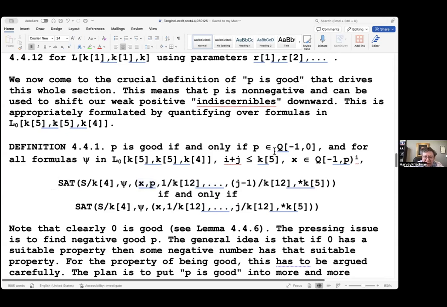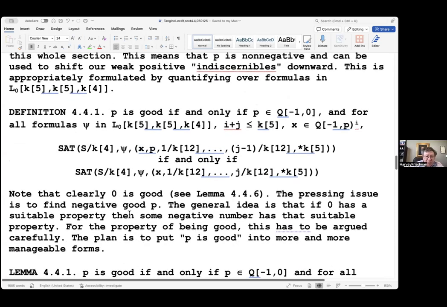But the question is, I want to get negative p so that this is true. The pressing issue is to find negative good p. The general idea is that if 0 has a suitable property, then some negative number has that suitable property. Now, you have to make that rigorous and be careful, because we're in a very impoverished situation. So for the property of being good, this has to be argued carefully.